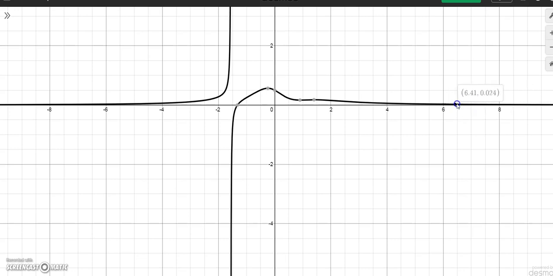So basically this limit would be 0 as x goes to infinity. It would also be 0 as x goes to negative infinity as well. So you can see it goes to 0 there. And it turns out that this line y equals 0 is actually your horizontal asymptote for that function.